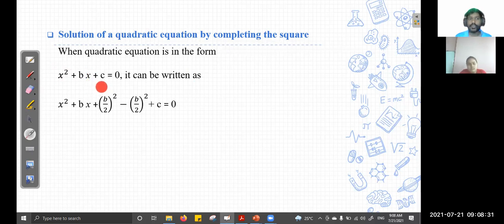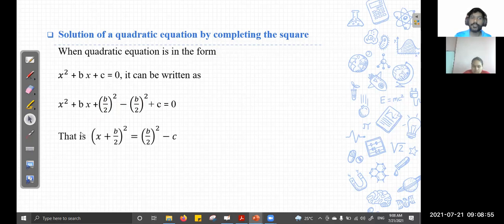After that, what you have to do is add and subtract b upon 2, the whole square. This you have to add and subtract inside this equation. Once you do that, the next step is just simplification.